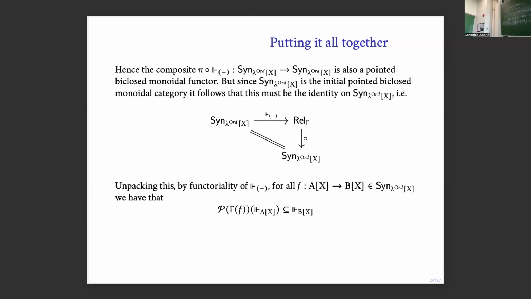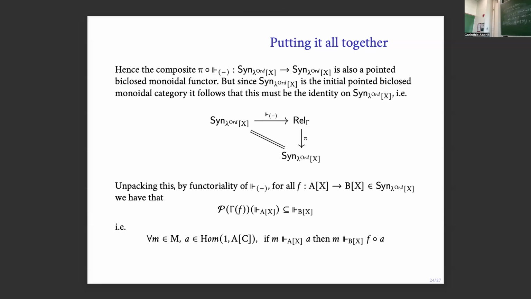And now, if we unpack this, by the fact that this is a functor, for any morphism in the syntactic category, which is just a function like this, we have that, going back to recall how we defined the root deconstruction, translating v' of A of x along gamma applied at f applied at p gives us a subset of the relation defined at b.